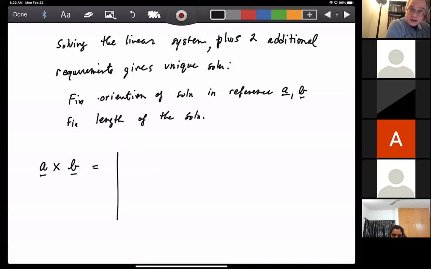and it acts on vectors with three components. So unlike the dot product, the cross product is defined only for vectors with three components. And we're going to introduce a funny determinant here.